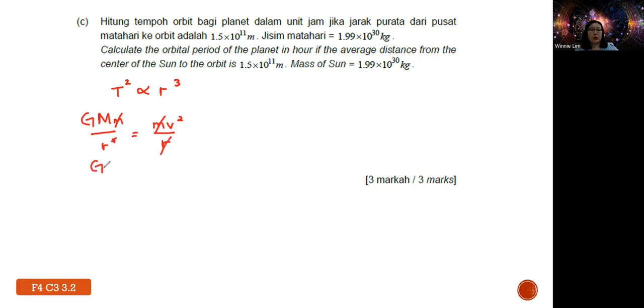Hence, you have G M, where M is the mass of the sun, over r equals v squared. Then the next step is, you should know that the linear speed can also be calculated using the circumference of a circle, which is 2 pi r over the time taken for one cycle, the period. And then you substitute into this equation.